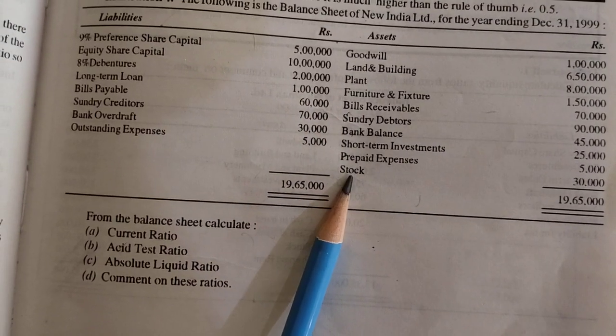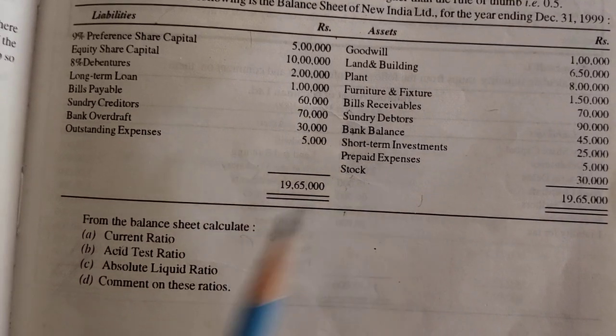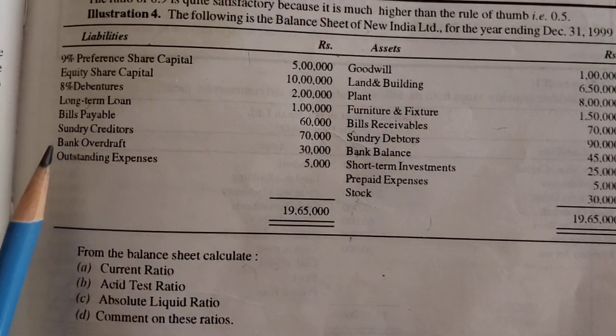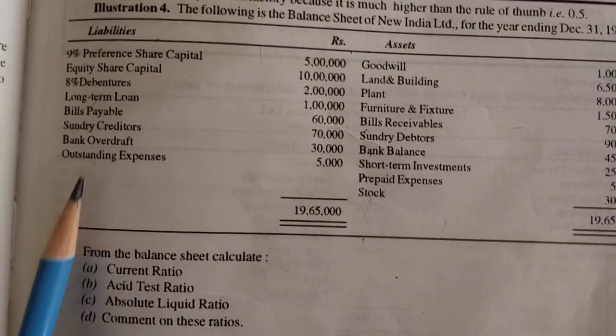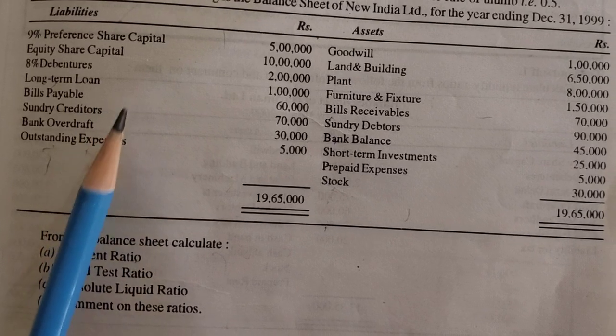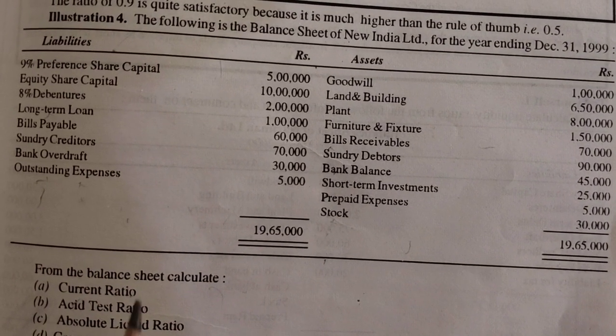These are the current assets we need to take in order to calculate the total current assets and the current ratio. And come to the liability side. Here bills payable, sundry creditors, bank overdraft and outstanding expenses are the current liabilities we need to pick from this balance sheet in order to calculate the current ratio. Let's come to the solution here.